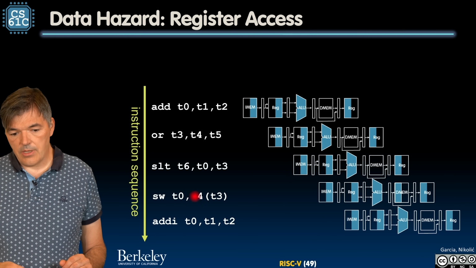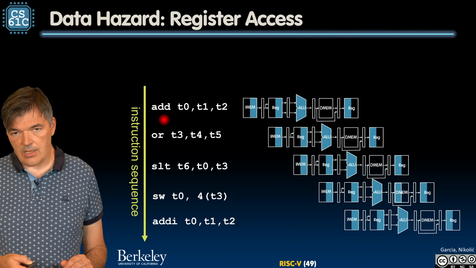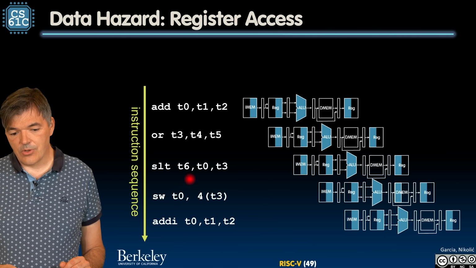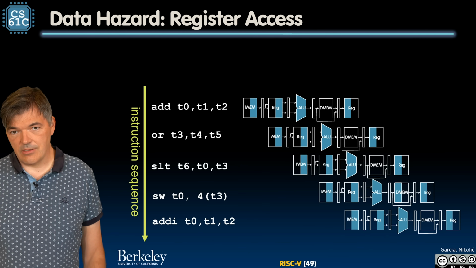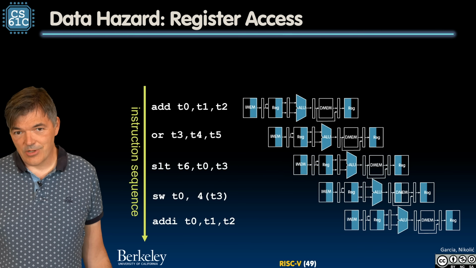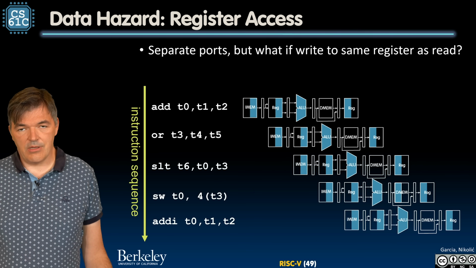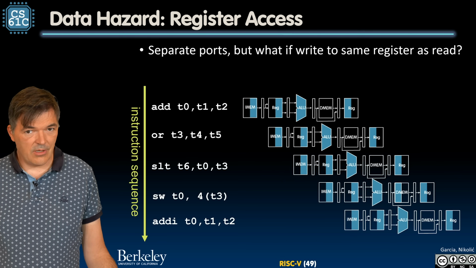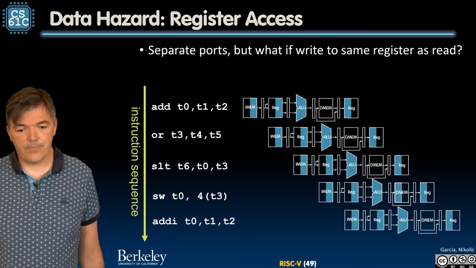And it will happen that an add instruction is going to be writing a value of T0, while store would also like to read the T0. So will store instruction end up reading the old value that is in there, or should it read the new value as it's supposed to?